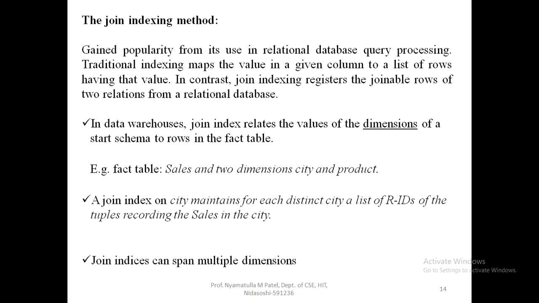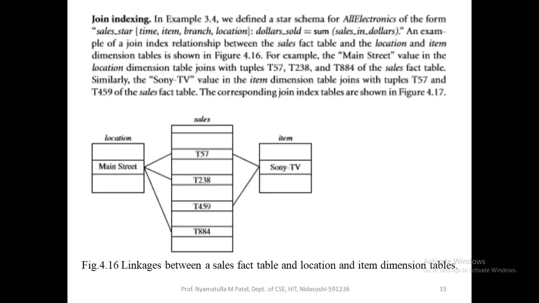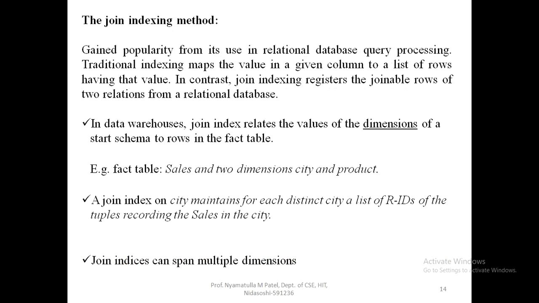So, the advantage over here is that join indices can span multiple domains. For example, if you take two relations, with RID of A and RID of B, and two attributes A and B, then the join index record can contain the pair RID and SID, where RID and SID are record identifiers from the R and S relations respectively.